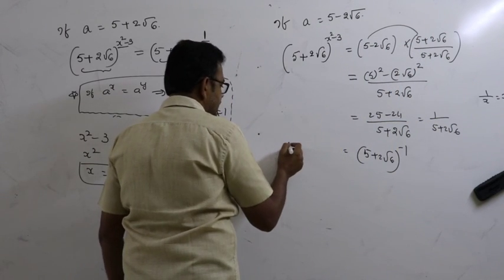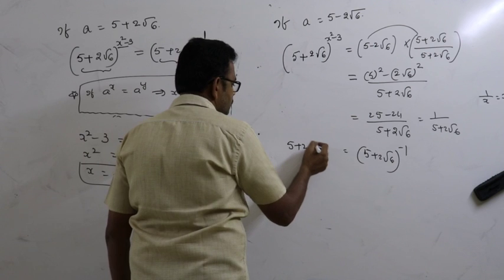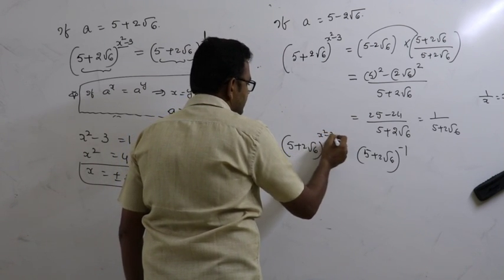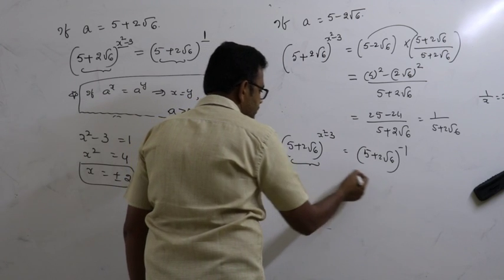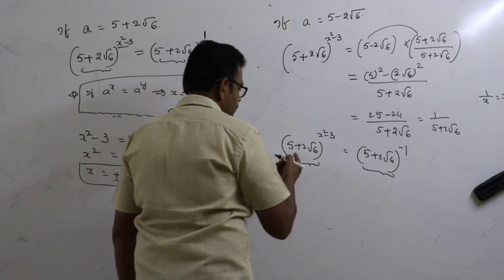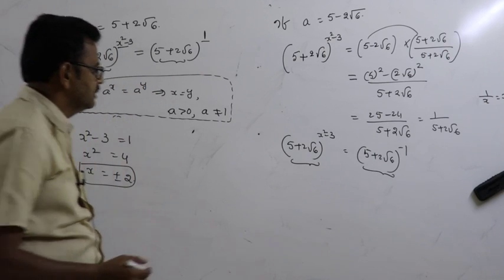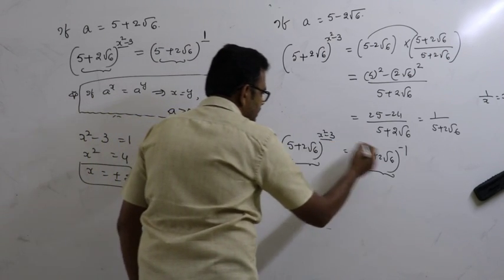So this side is 5 plus 2 root 6 whole power x square minus 3. Clearly this is positive, this is positive, and both are equal. Using this condition, the powers are equal.